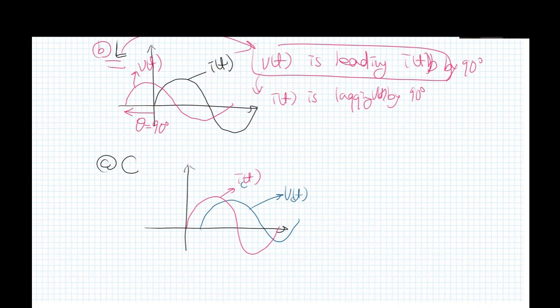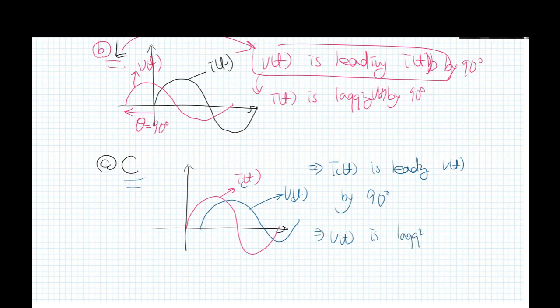So for the capacitor case, i is leading v of t by 90 degrees. This means v of t is lagging i C of t by 90 degrees. Okay.